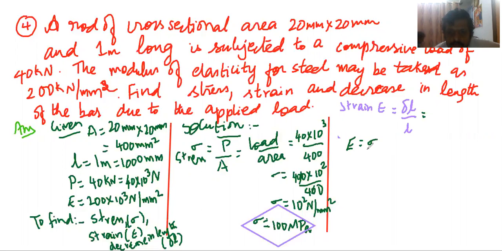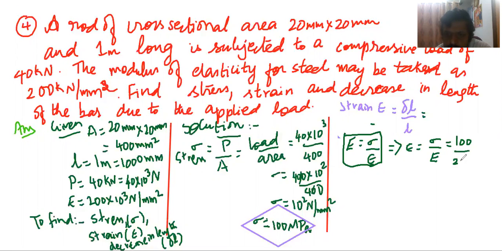Young's modulus is equal to stress by strain. Directly you can find. We can use this when delta L was known. If delta L is not known, we use Young's modulus E equals sigma by epsilon. So epsilon equals directly sigma by capital E. We found sigma is 100, and E is 200 into 10 power 3.